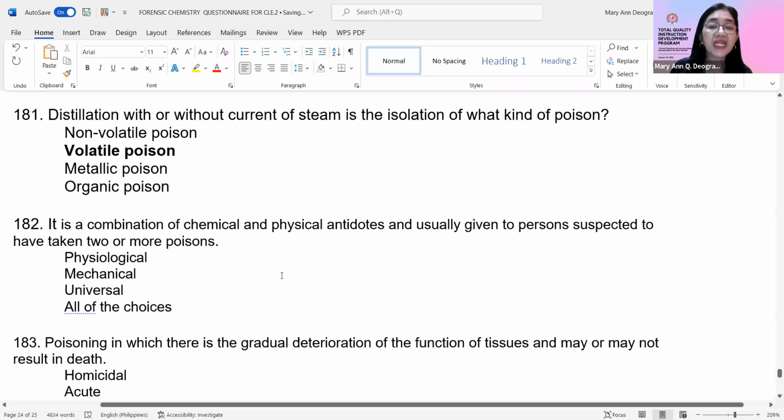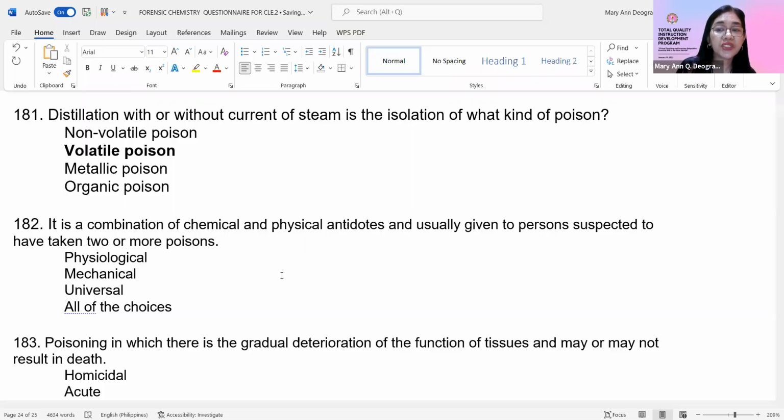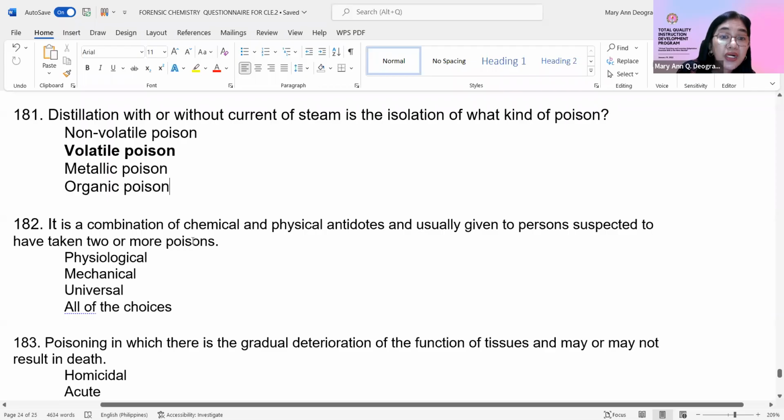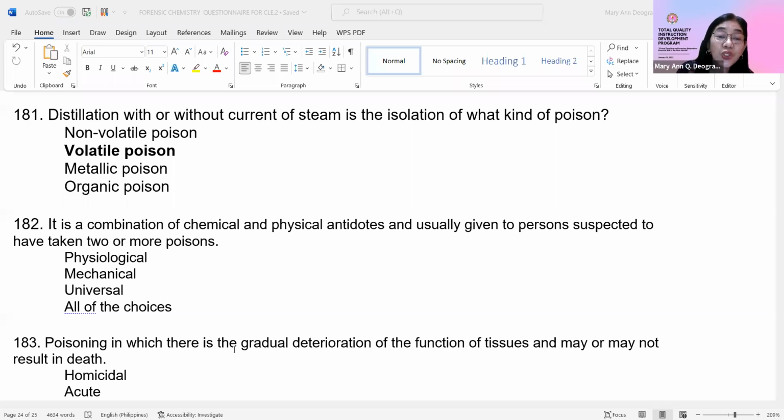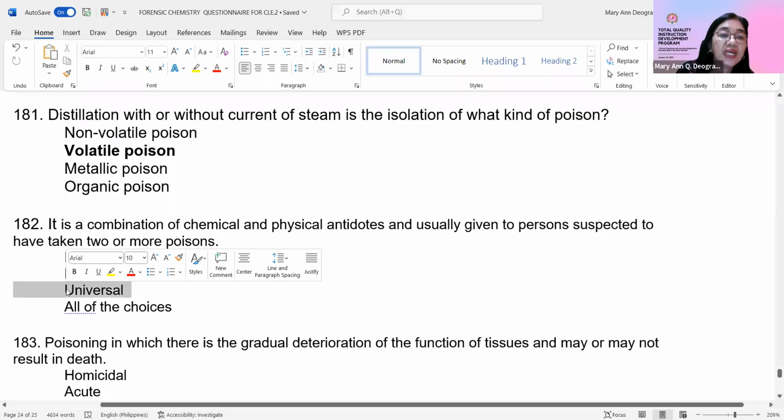Combination of mechanical and physical antidotes and usually given to persons suspected to have taken 2 or more poisons. So it is the 2 or more. Ano yung pinaka dito sagot? Common sense. Anong sagot dyan sa mga natin? Okay, universal kasi 2 or more. So universal marami, no? So it is the universal poison.